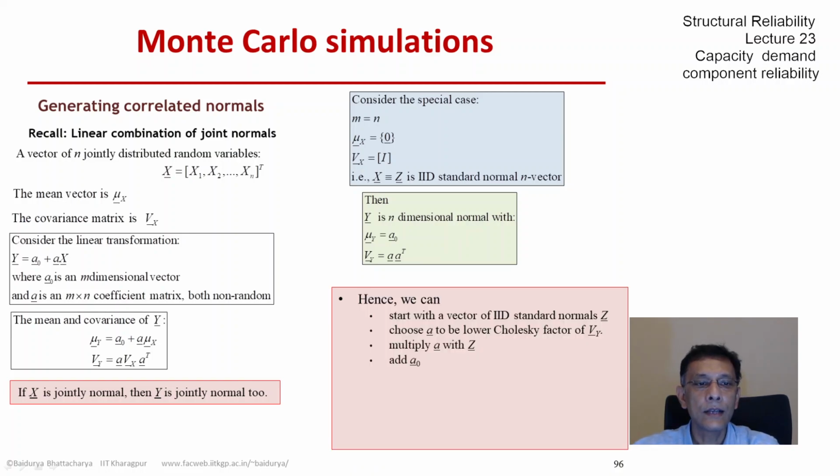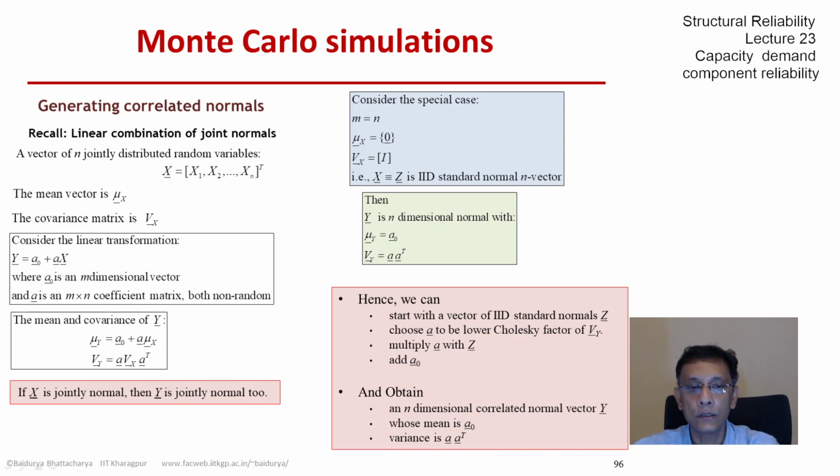So this tells us that we can actually take this approach to generate any correlated normal vector. All we have to do is we start with the IID standard normals and then choose A to be the lower Cholesky factor of Vy, which is what we desire, and then multiply A with the z vector and add to that a0, that is the mean vector that we want, and we have the desired n-dimensional correlated normal.